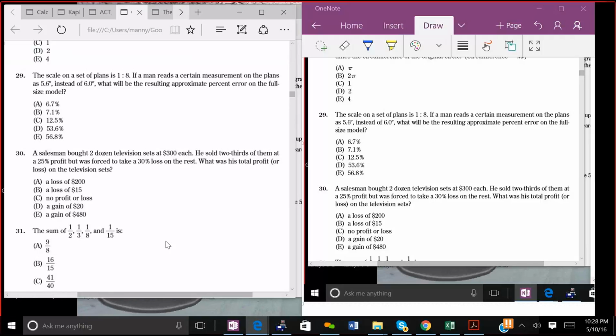Number 30. A salesman bought 2 dozen television sets at $300 each. He sold 2/3 of them at 25% profit, was forced to take a 30% loss on the rest. What was his total profit or loss on the television sets? So 2 dozen televisions is 24 at 300.